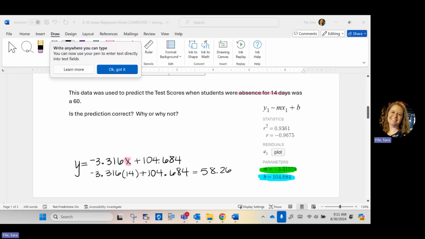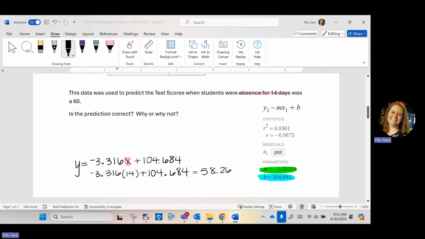So the question is, was their prediction correct or not? Their prediction was a 60. We got 58. If we're rounding, that would round to 58, right?